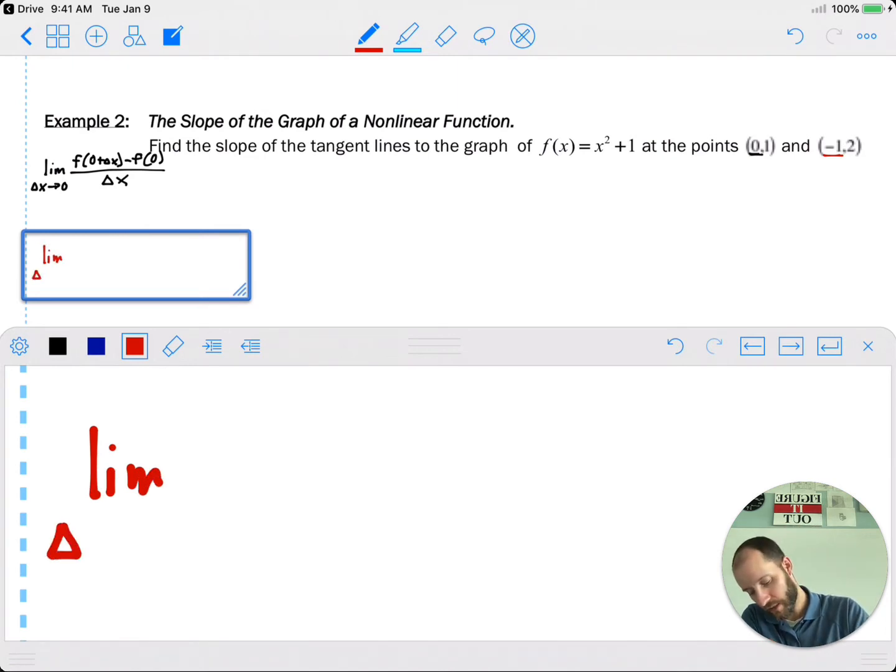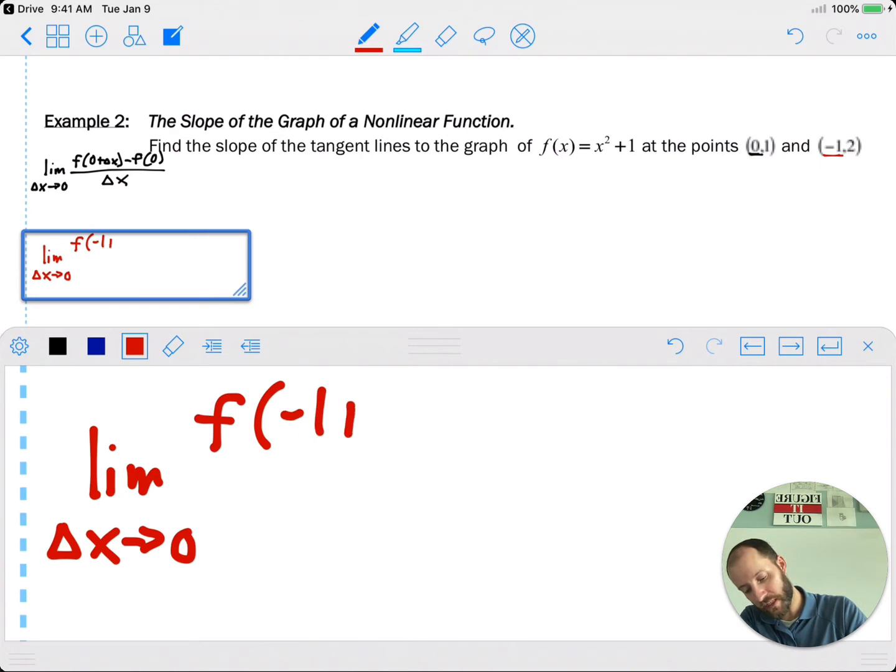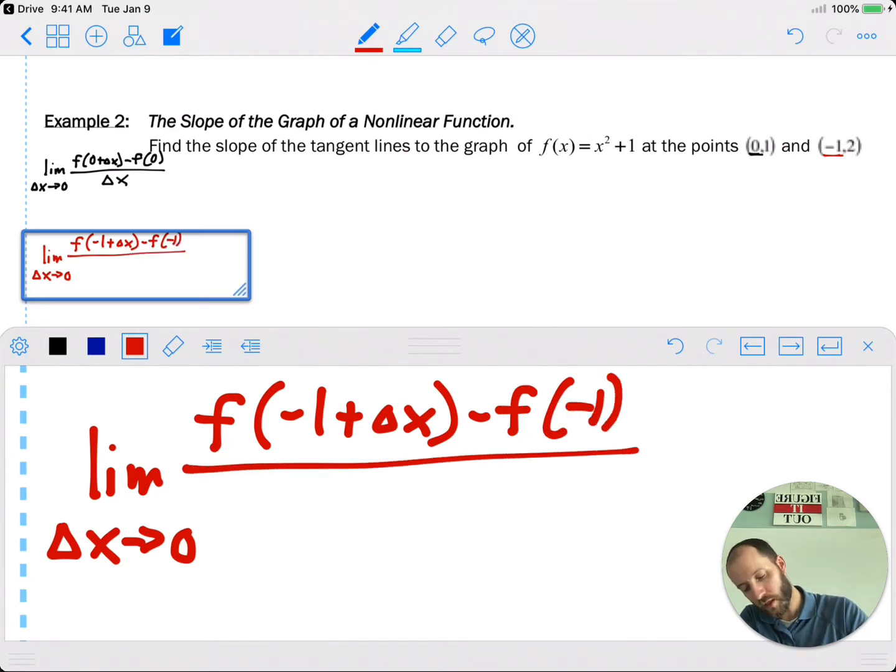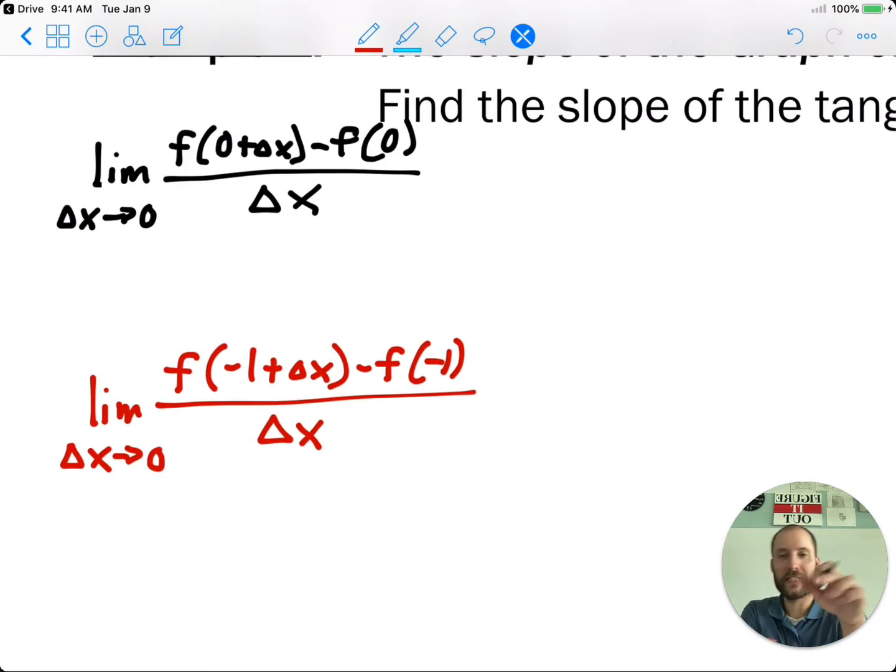The limit as delta x approaches 0 of f of negative 1 plus delta x minus f of negative 1, all over delta x. So you see the setup of those two is the same. The only thing that changes is the x coordinate we're evaluating the slope at. Those different x coordinates are 2 different points of tangency.